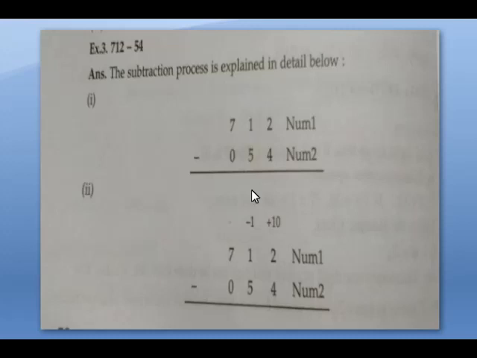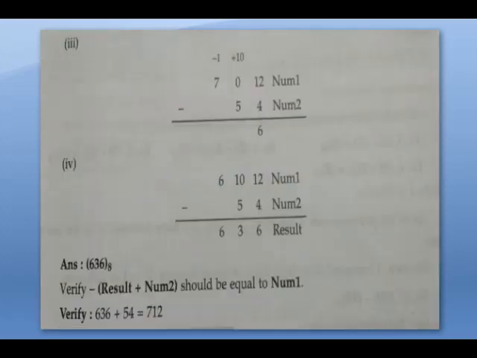See the next step. So 12 minus 4 is 6. Here it is 0, so we are borrowing 1 from here. So it will become 8. 8 minus 5 is 3. It is not 10, it is 8.